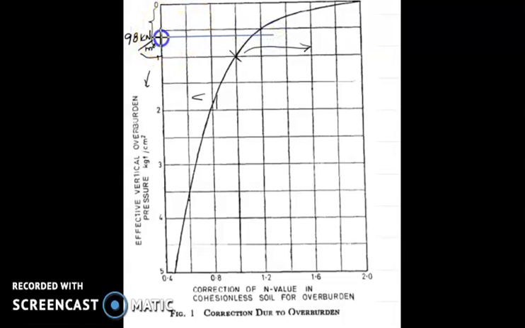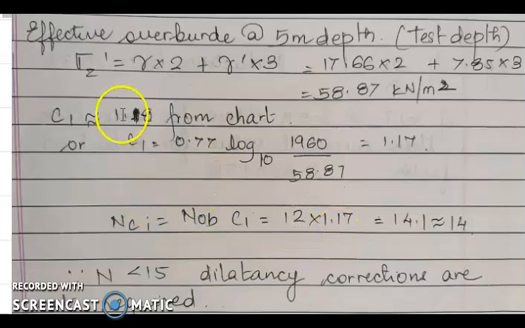Now you can see your correction factor will be somewhere slightly less than 1.2. So I've taken it as 1.18 from the chart.